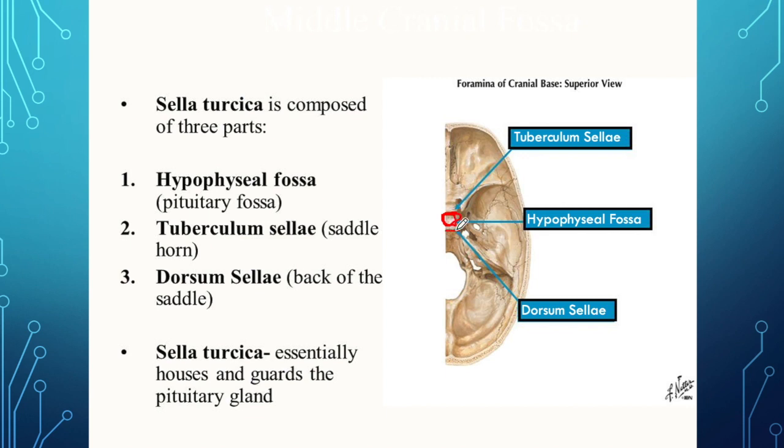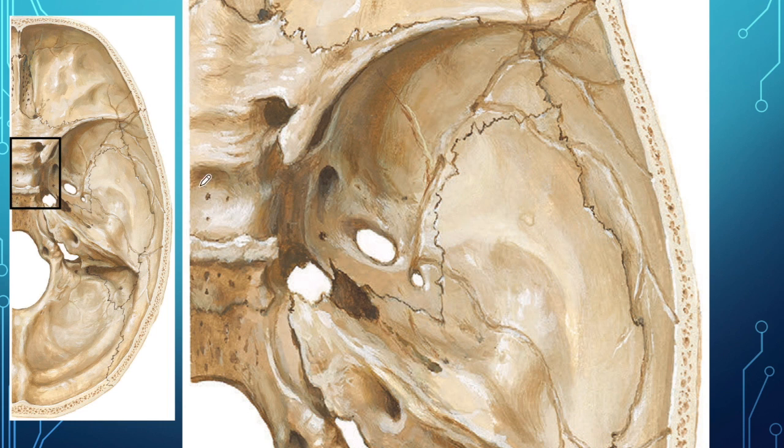We will see it in this picture. So this is the pituitary fossa. Anterior to it, this ridge over here is the tuberculum sellae. The one posterior to it is the dorsum sellae. All this makes up the sella turcica.